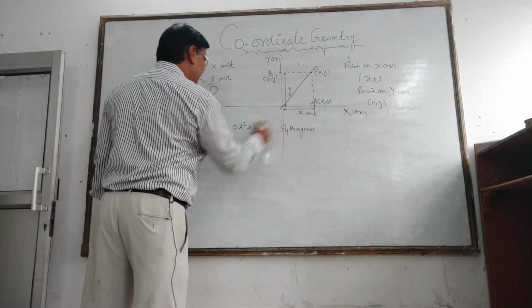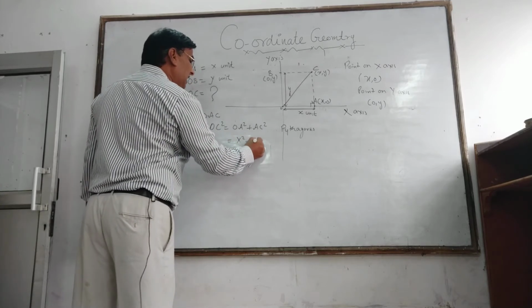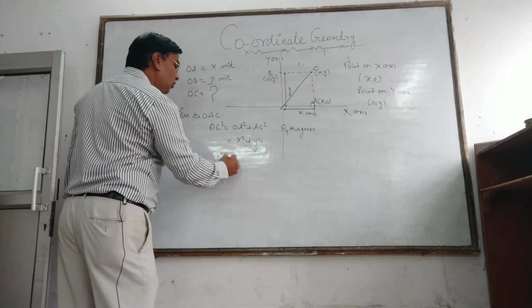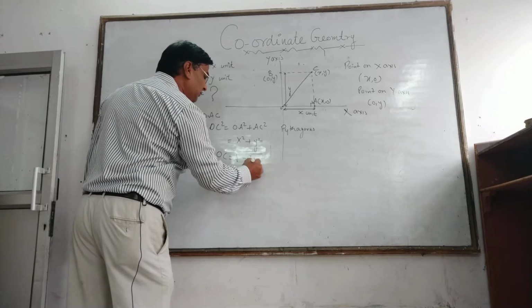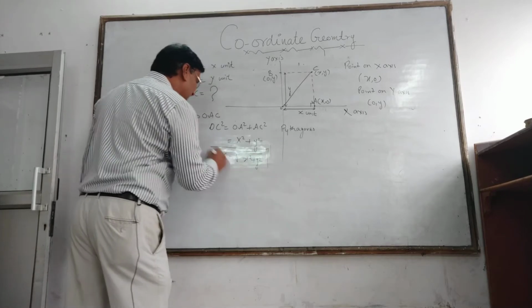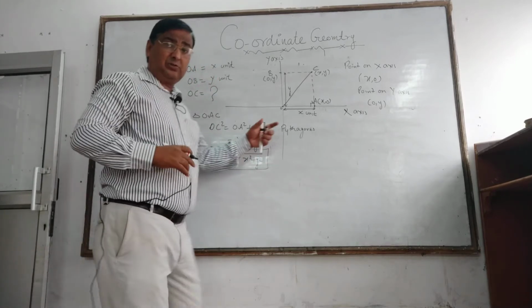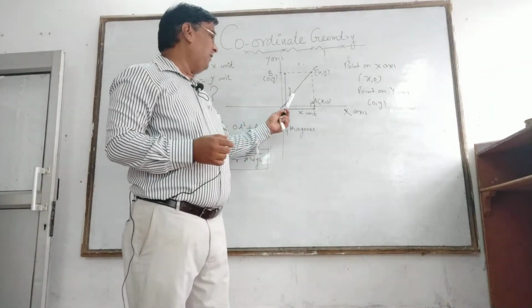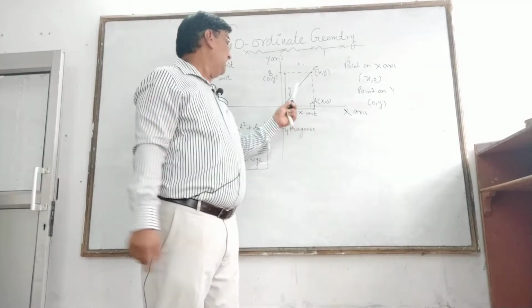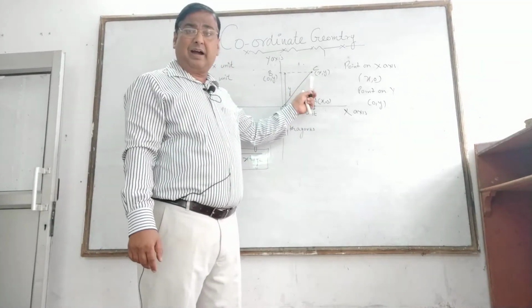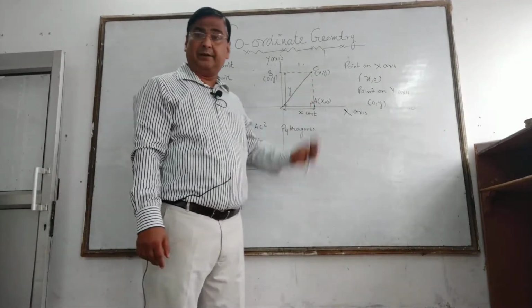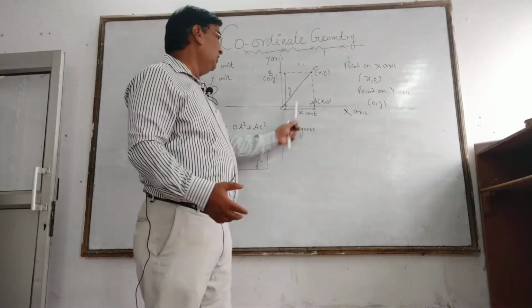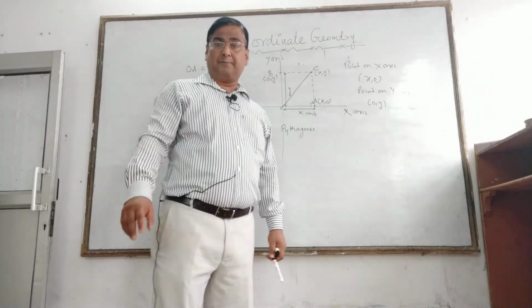OA is x, so OC squared is x squared plus y squared. So OC is equal to the square root of x squared plus y squared. So you can find the distance of any point on the xy plane from the origin.